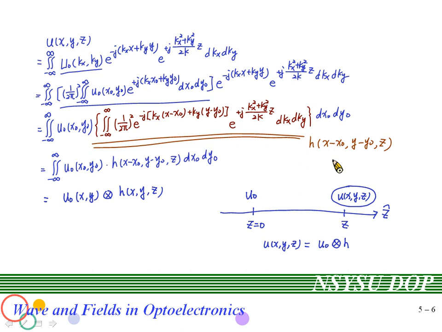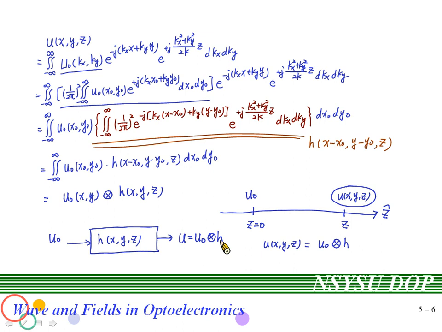So the total diffraction problem is just like a system. The characteristic function of the system is the h function. For any input u0, you can obtain the corresponding diffraction field u, which is the convolution of u0 and the h function.